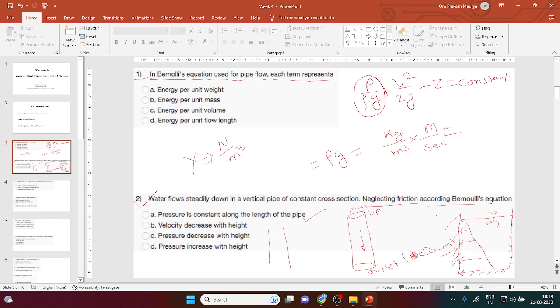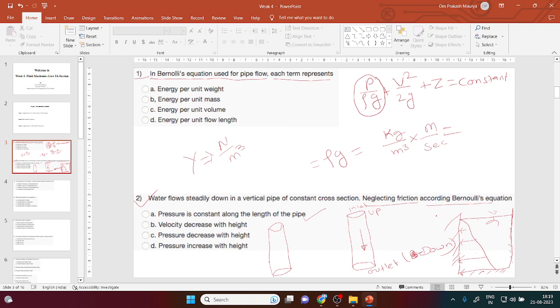You all know from the very basic concepts that water flows only from higher pressure to lower pressure. So water is flowing from up to down. Here the pressure will be more as compared to that location. That's why water flows in this direction.